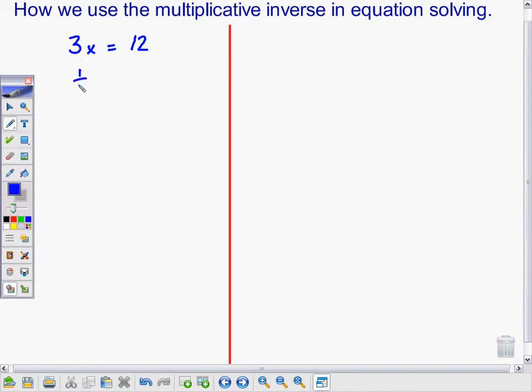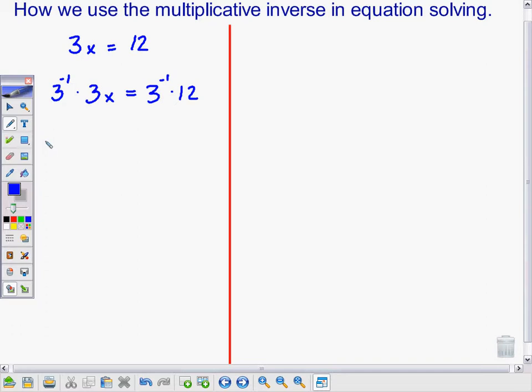But hold on. Instead of just multiplying by its reciprocal, I'm going to use exponent notation to write that reciprocal. So what I'm going to do now is this. We're going to say 3 to the negative 1 times 3x equals 3 to the negative 1 times 12. Because remember, 3 to the negative 1 is just 1/3.